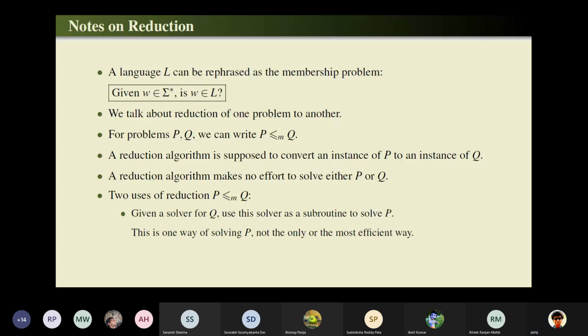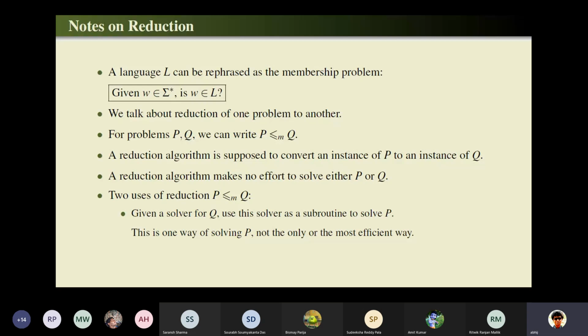But this is one way of solving P, not necessarily the best way or the most efficient way. So this does not prove any undecidability result. On the other hand, if I assume that P is difficult, Q is at least as difficult as P, Q is greater than or equal to P, so Q is also difficult.